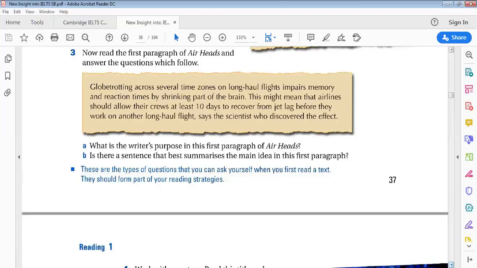The writer's purpose is to provide a brief scientific explanation of the subheading and mention the possible implication. So, scientific explanation and then implication.